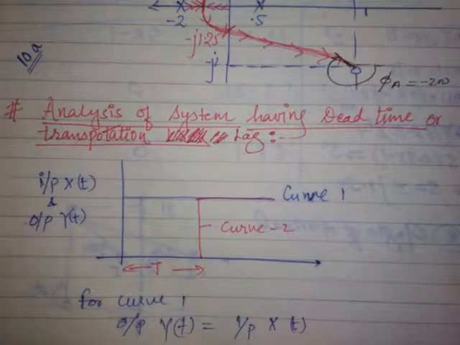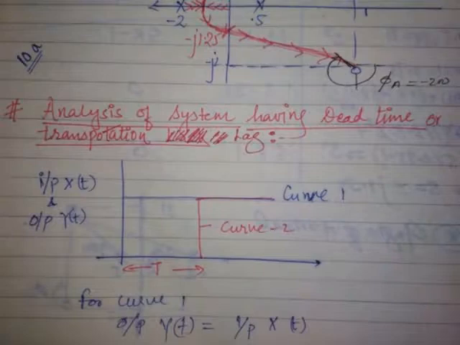Consider y of t equal to x of t minus t. Expand this using Taylor series: x of t, minus t x dot of t, plus t square by 2 factorial x double dot, minus t cube by 3 factorial x triple dot, and so on.